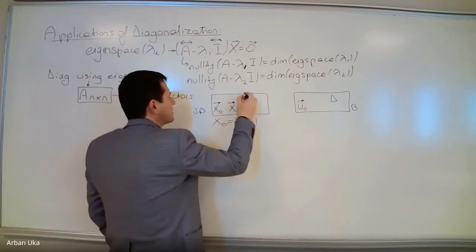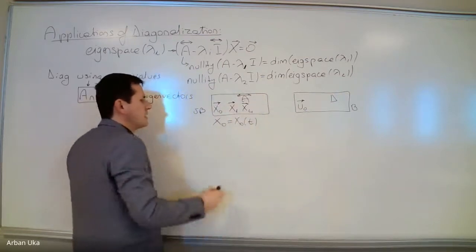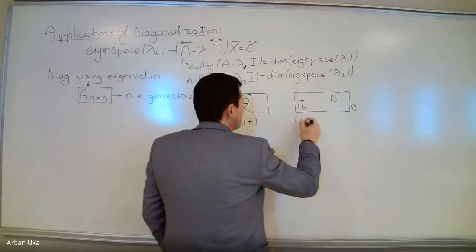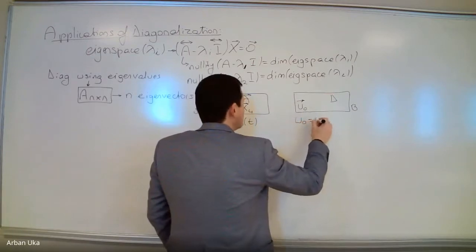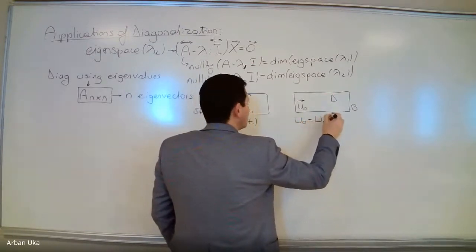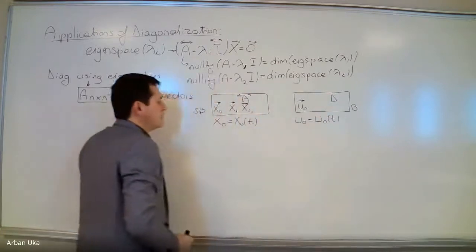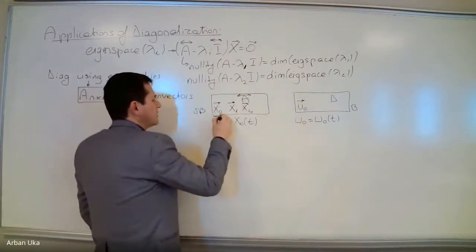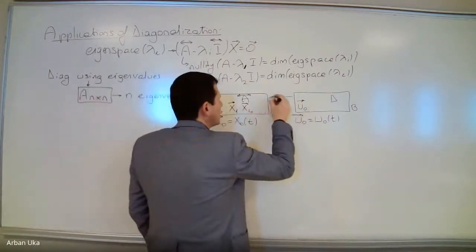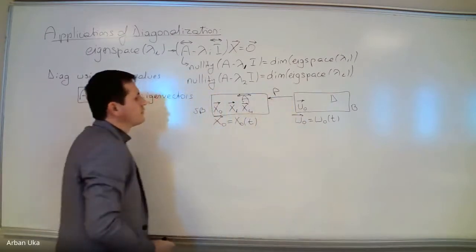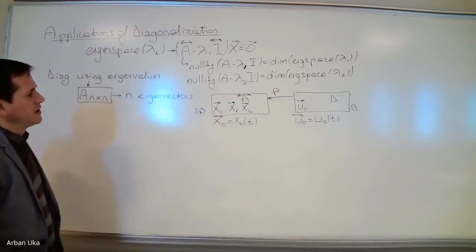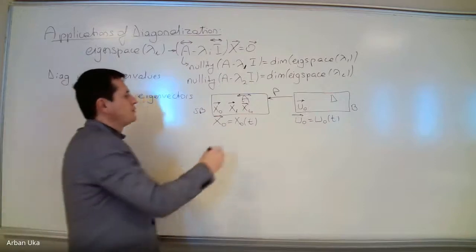These are vectors. Let's not forget that A is a matrix. Then similarly, let's assume that u0 is also a function of time. But if these are all vectors, we should not forget that we can transform from one domain to the other using a matrix P.